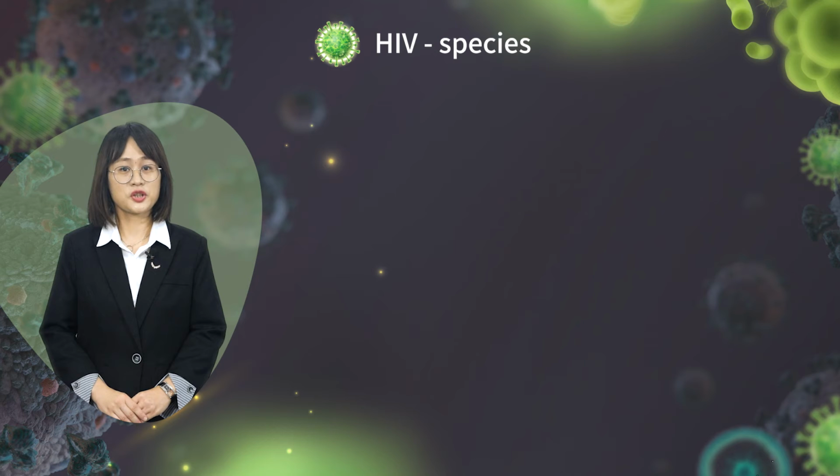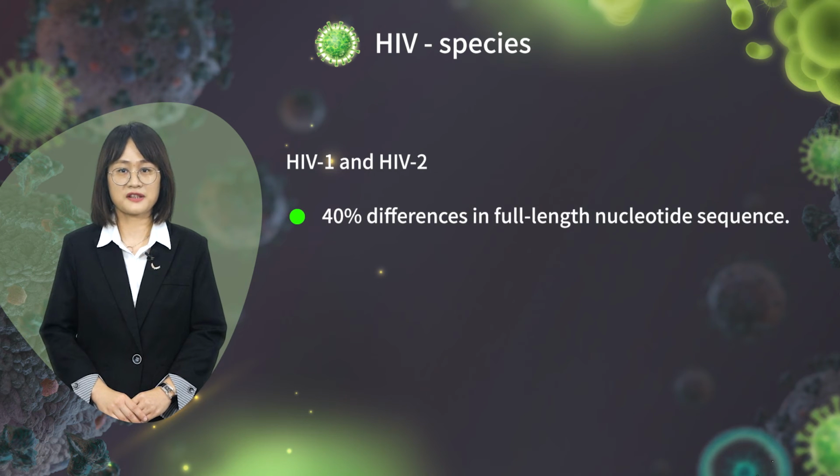Okay, first of all, let's take a look at the general properties of HIV. There are 2 species of HIV, HIV type 1 and HIV type 2. They have 40% differences in full-length nucleotide sequence and show some various properties.